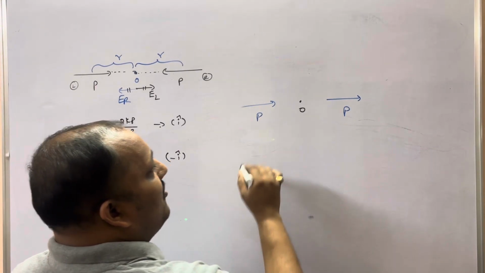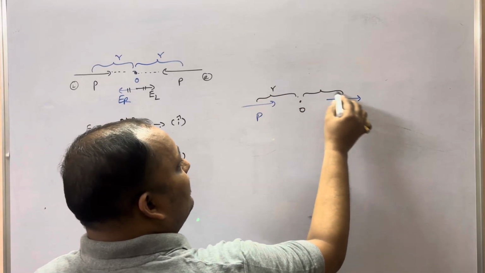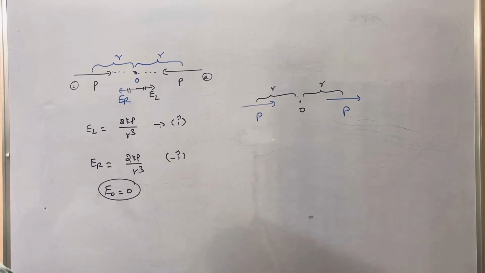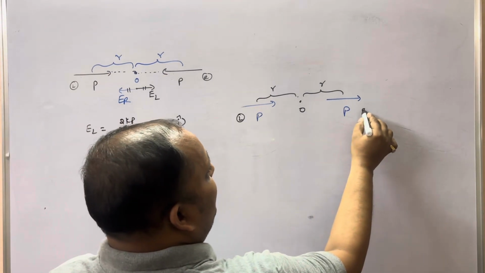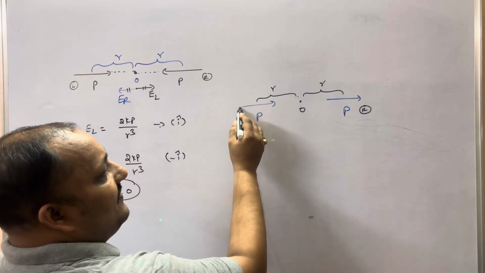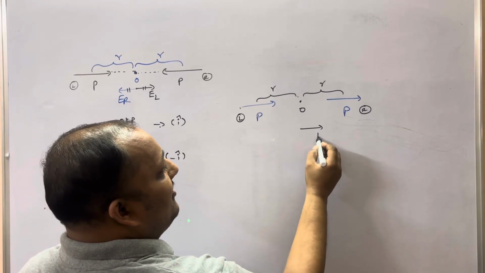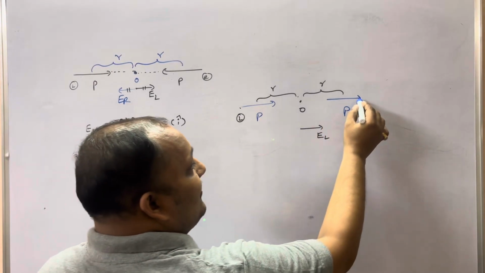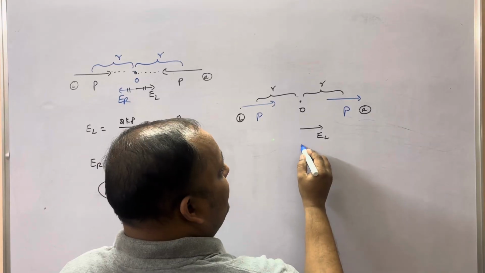This point O is at a distance r from the center of the dipole. Now, what is the resultant electric field intensity? Again, this is the left dipole, this is the right dipole. Because of the left dipole, the direction will be in the direction of the dipole moment, that is EL. Because of the right dipole, this is also on the right side.